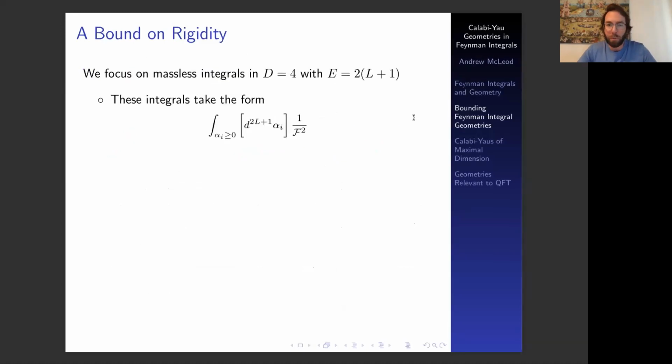So just to get a little more specific, let me focus on massless integrals in 4 dimensions that have 2L plus 2 propagators. So these integrals take this form here where the U polynomial has dropped out. And due to the fact that these integrals are entirely massless, the F polynomials are linear in every Feynman parameter.